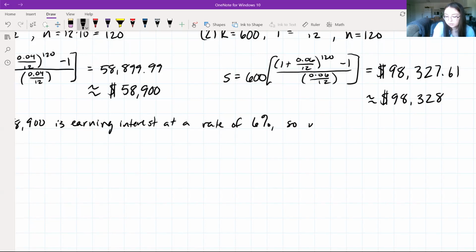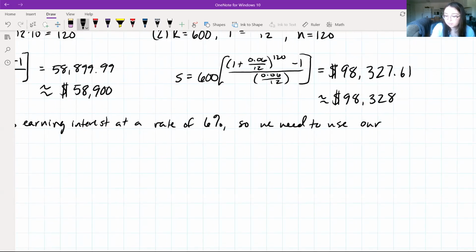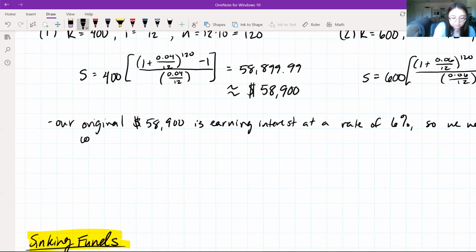So we need to use our compound interest formula, which we learned in our last section.